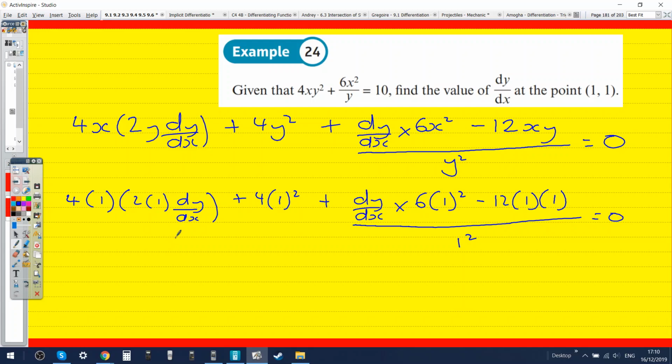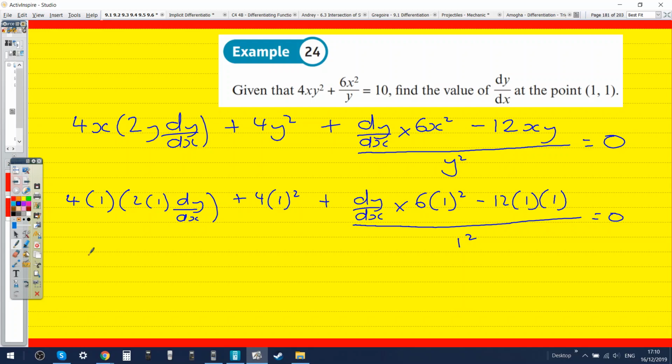Where you substituted y is equal to 1 in 2y dy by dx. Yep, 2 times 1. How would you do 2 times 1 times dy by dx? Yeah, that's 2. And 2 times dy dx is just 2 dy dx. So 4 times 1 times 2 times 1 dy dx.